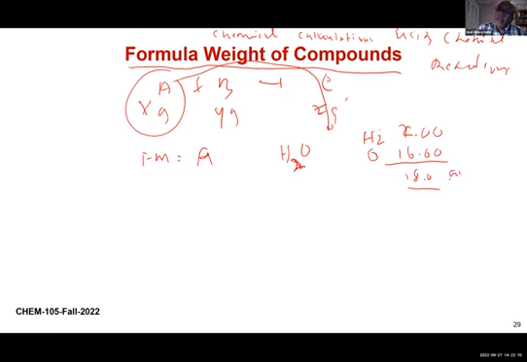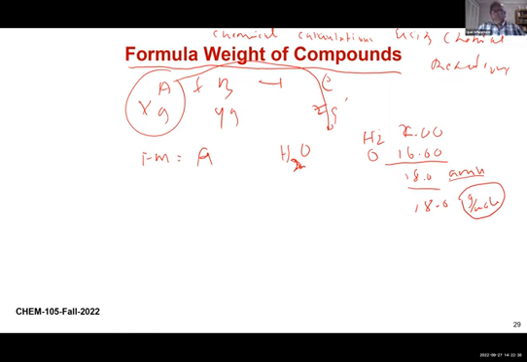These are normally given in atomic mass units. This 18 is the formula weight. The formula weight of an ion or molecule is also expressed in grams per mole. We're going to talk about that.